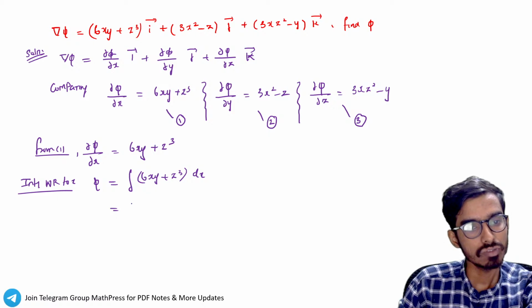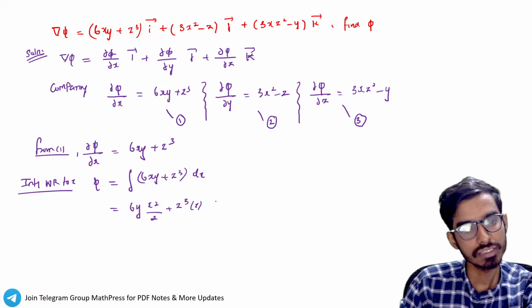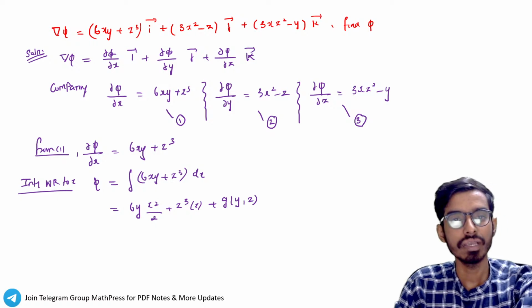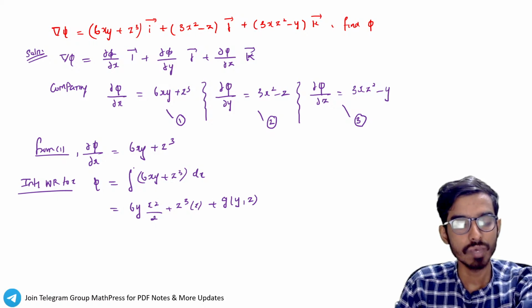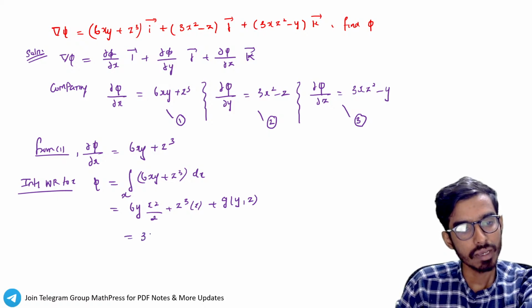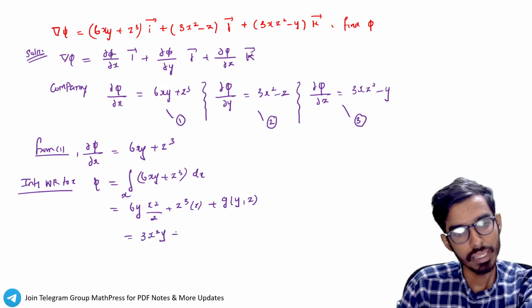Here 6y is constant; the integration of x is x squared by 2, and z cube into x, plus some function of y comma z, g of y comma z, because phi is a function of x, y, z and we are integrating with respect to x. So this will be 3x square y plus x z cube plus g of y comma z.